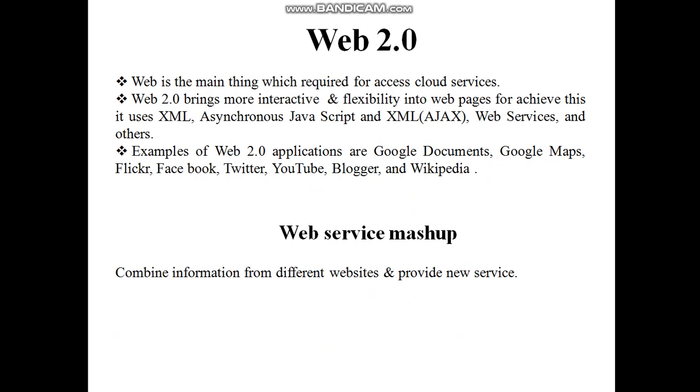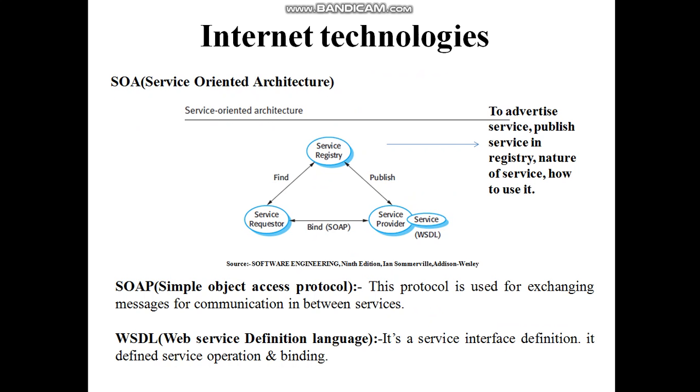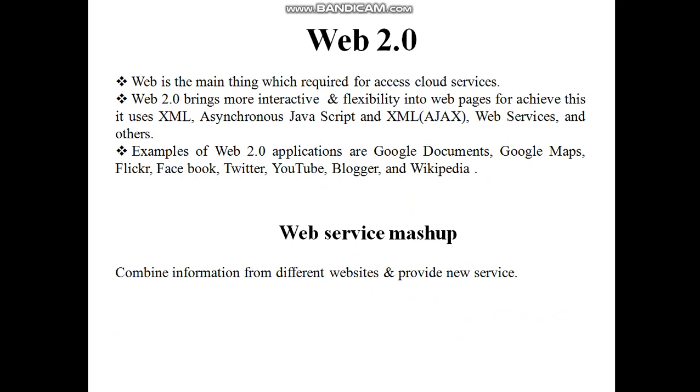Then Web 2.0 is also part of internet technology. The web is the main thing required to access cloud services. Web 2.0 brings more flexibility and more interactivity in web pages, and this is achieved with the help of JavaScript, XML, Ajax, web services, and so on.